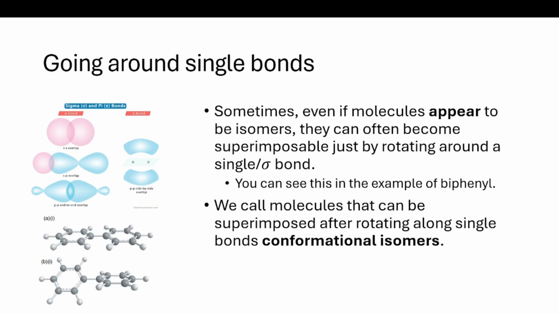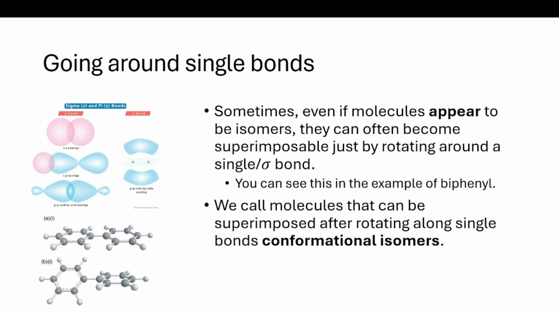The overlap of these so-called clouds creates covalent bonds where electrons can be shared. And a sigma bond is just two orbitals overlapping head-on along the internuclear axis, which is the axis that goes through the nuclei in a molecule.